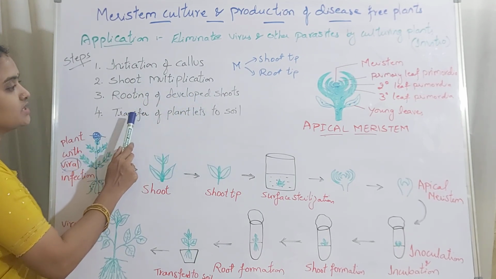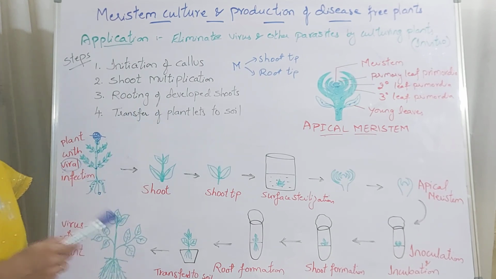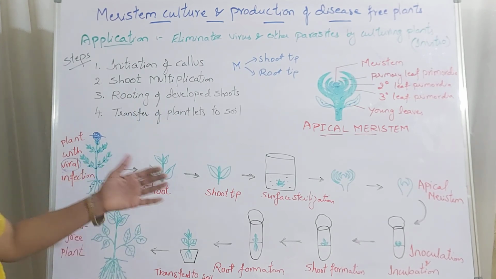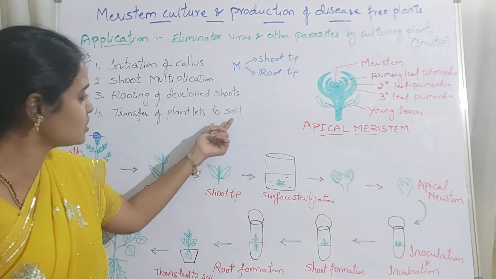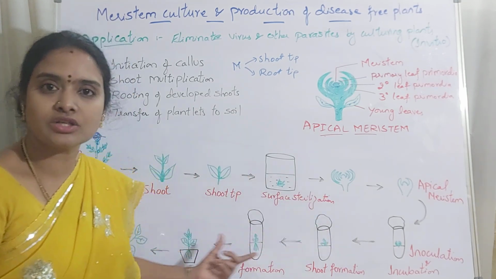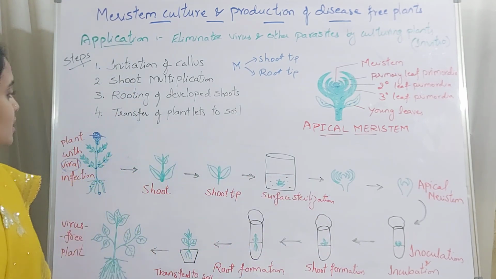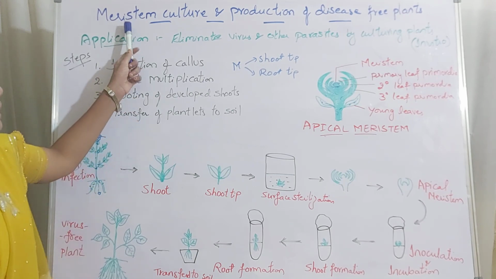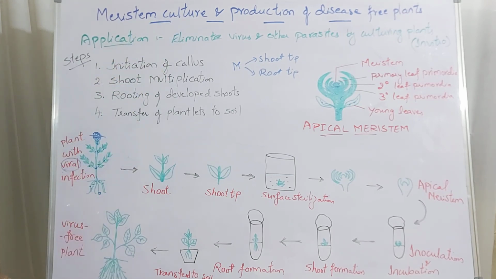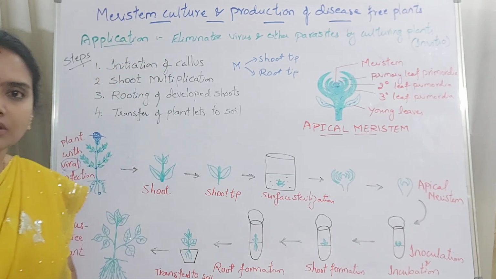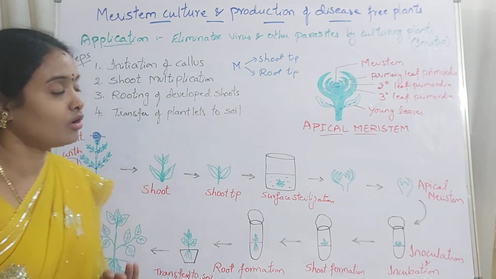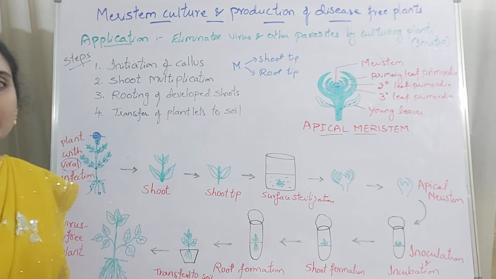Then the last one is to transfer the plantlets to the soil so that they get adjusted to the new environment, because till now you are growing in plant tissue culture media, right. So here this meristem culture is also referred to as shoot tip culture or tip culture or culture of shoot apices.